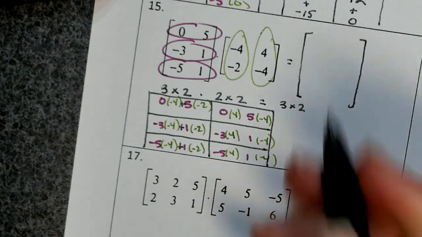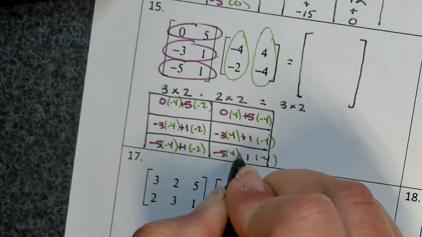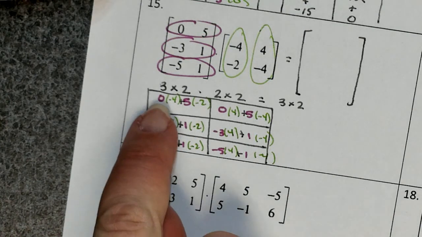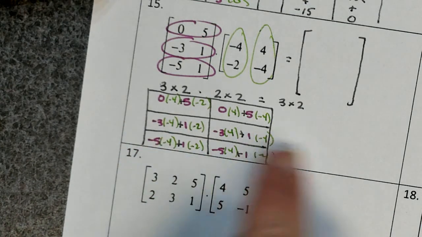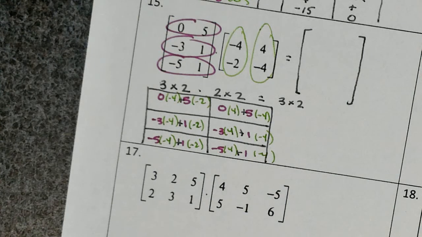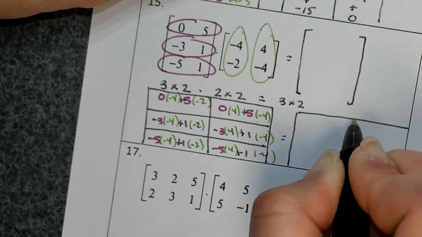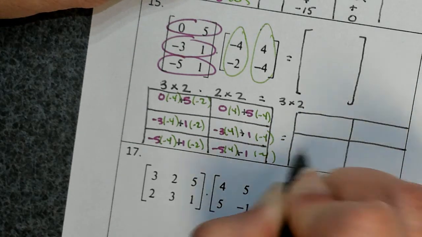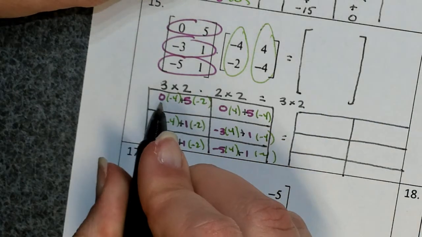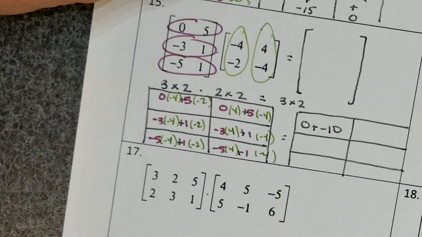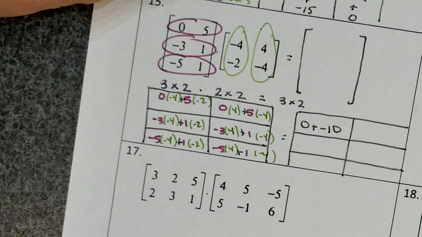And then remember that you're adding each of these. If you have a scientific calculator, you could go through and type in that whole thing and get right to the answer box. I don't like to do that. I like to do the multiplication and then add them, because that's just me. But it does not matter. So in this box I have 0 plus negative 10. Just doing the multiplication here.